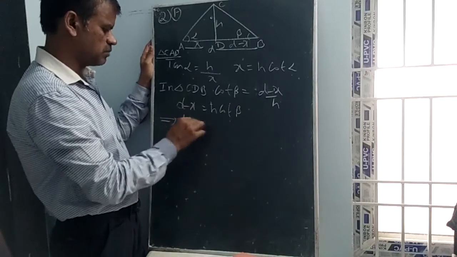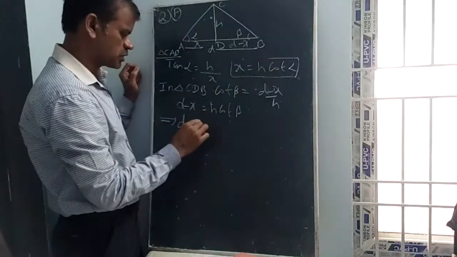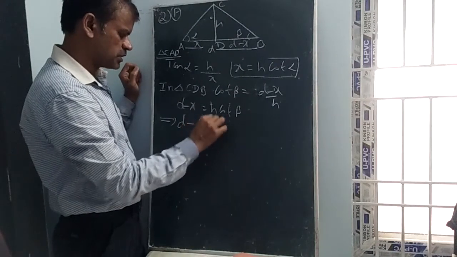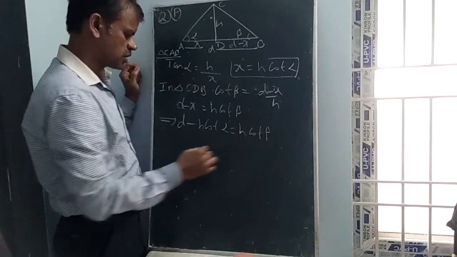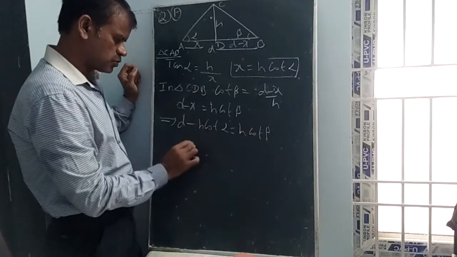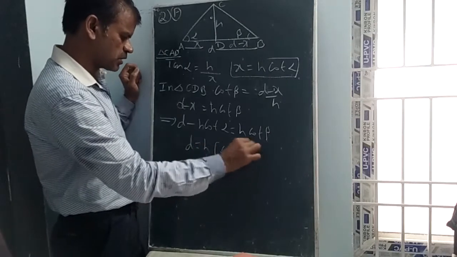Substitute the value H cot alpha here. D minus H cot alpha equal to H cot beta. So D is equal to H into cot alpha plus cot beta.